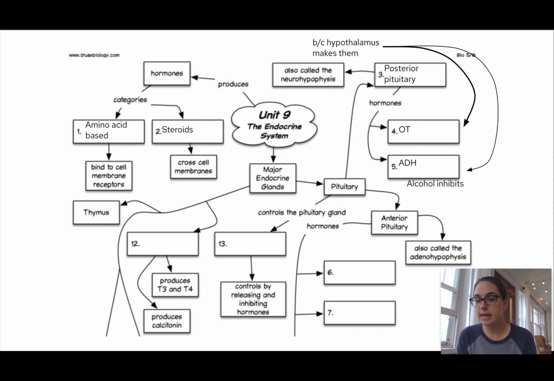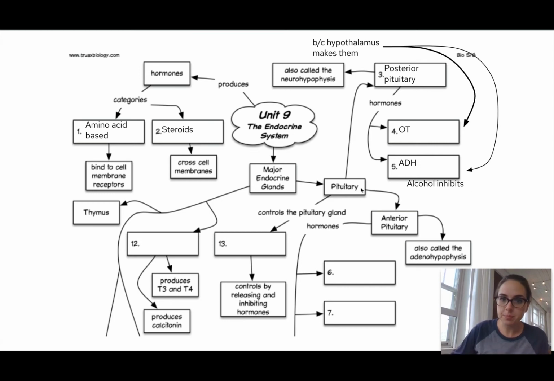And ADH, antidiuretic hormone, is what helps you conserve water. So when somebody is consuming alcohol, it inhibits ADH from working. This is why people who have been drinking quite a bit have to urinate quite a bit, because the hormone that regulates conserving water isn't there. And so this is what leads to hangovers: you're basically super duper dehydrated the next morning.